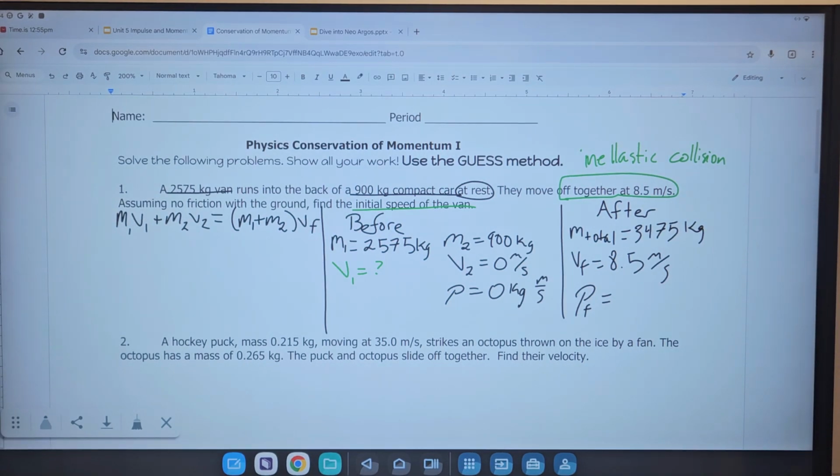Now, if we use our big old brains, we can make one big leap. If the momentum of the compact car is 0, then that means all of the momentum had to come from one thing. Can we figure out where the momentum came from? Well, hope so.